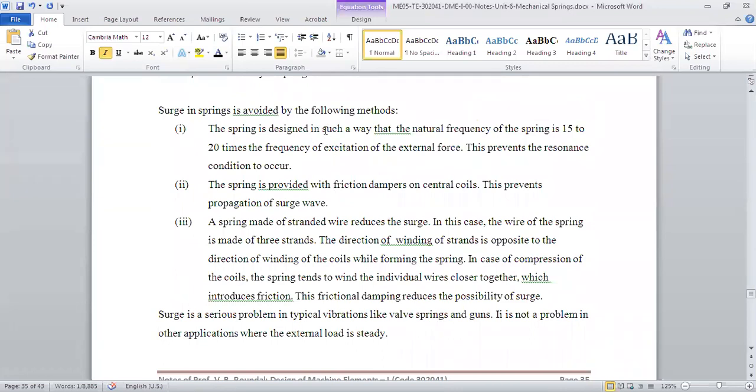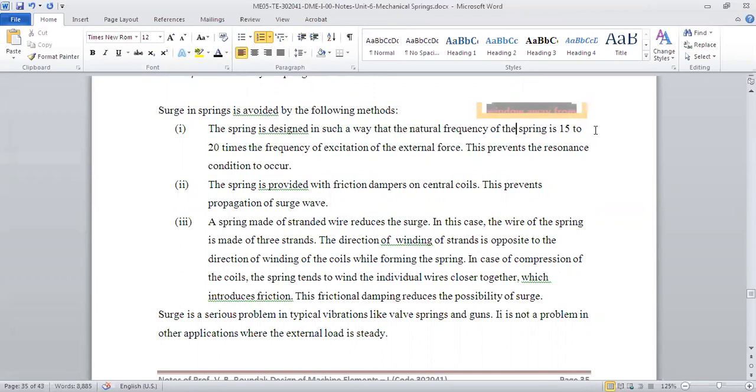We design the spring in such a way that its natural frequency is 15 to 20 times more than the frequency of the external force. If the external force is applied 20 times per second, we make the natural frequency of the spring 15 times that.